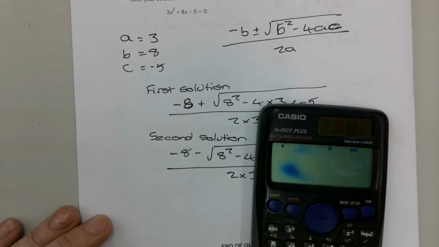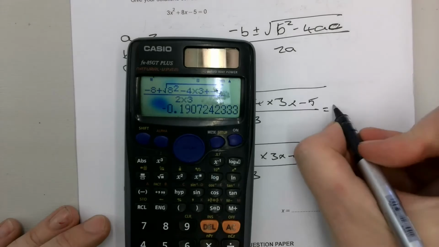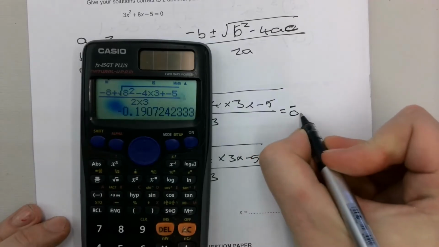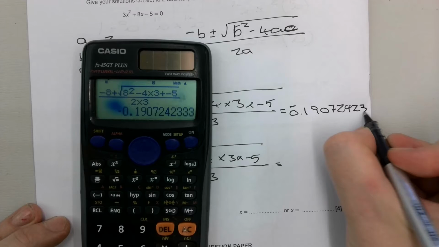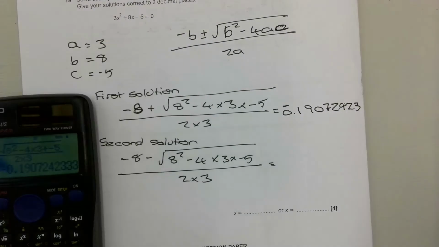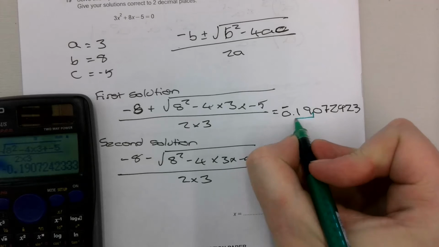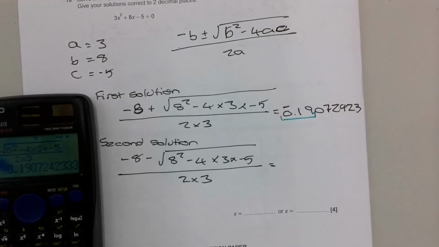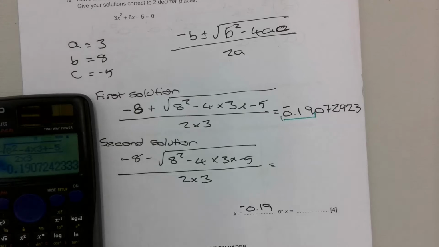If we hit equals, it's given us a surd as an answer. We don't want a surd, we want a decimal, so the SD button, and that's minus 0.19072423333. I'm going to round that to 2 decimal places, so that means that I want that chunk there. And so when rounded, that's going to be minus 0.19.